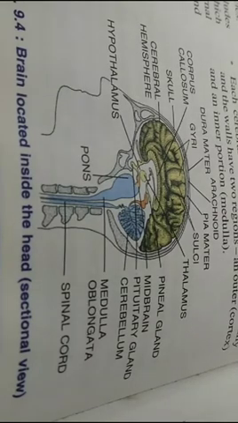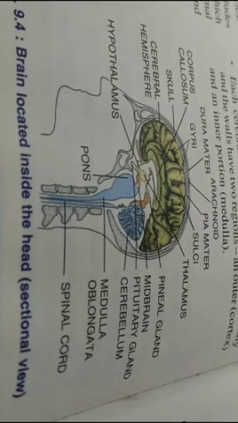The outer portion, or cortex, of the cerebrum contains the cell bodies of the neurons and they are grayish in color, so they are called gray matter. You should remember the outer portion, the cortex, is the gray matter.